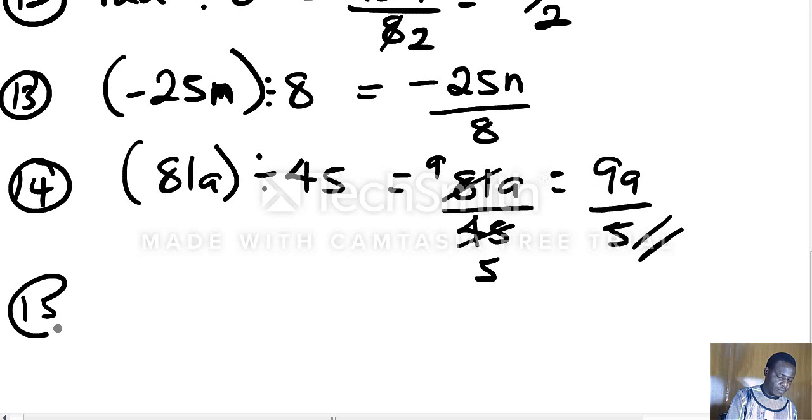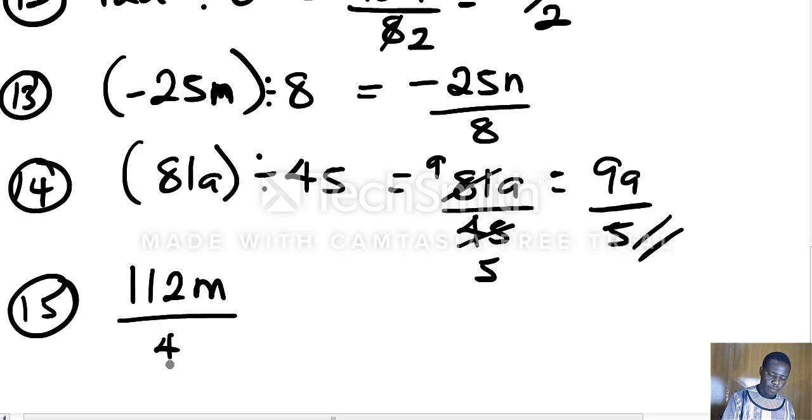Number 15 says 112n divided by 4. Is this a multiple of 4? Let's see. Let's start with 2. 2 into 4 is 2. 2 into 11 is 5, remainder 1. 2 into 12 is 6.